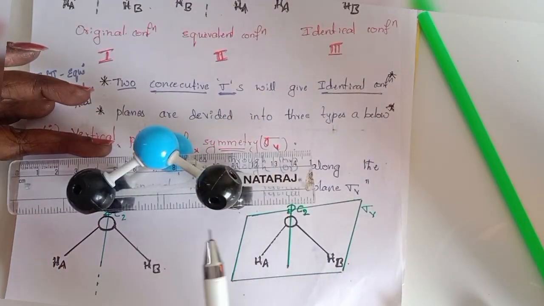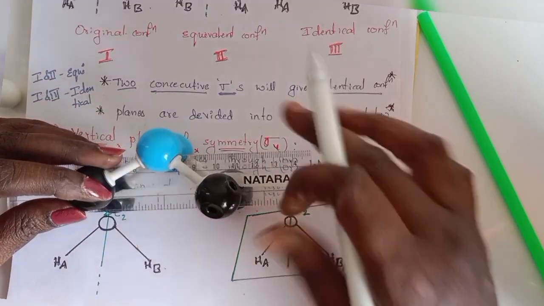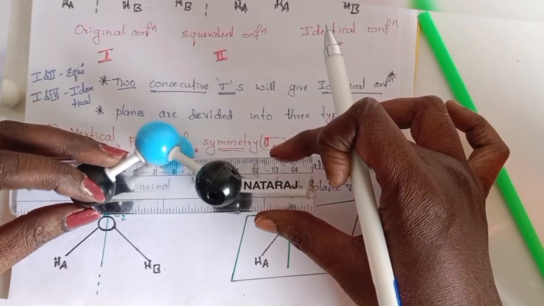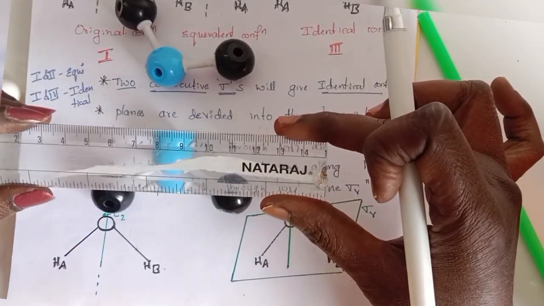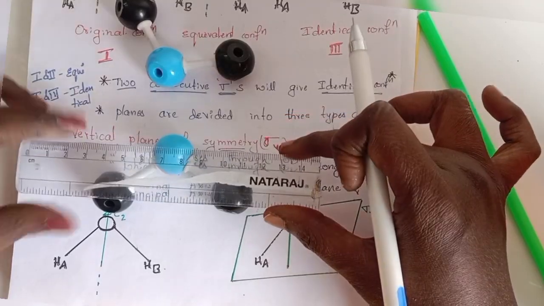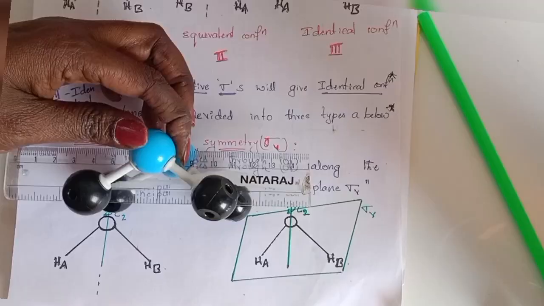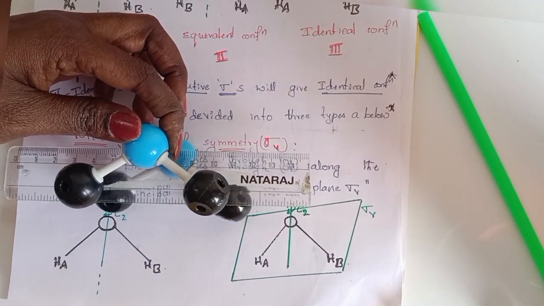So the lower part will reflect at the upper part and the upper part will reflect at the bottom, right? So this is the plane which is bisecting the whole molecule into two halves. Got it? So this can be considered as a sigma v.